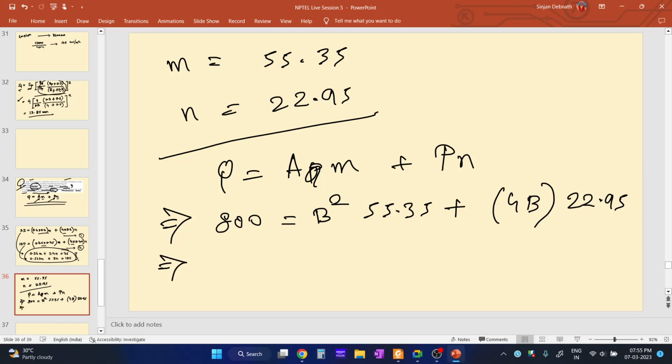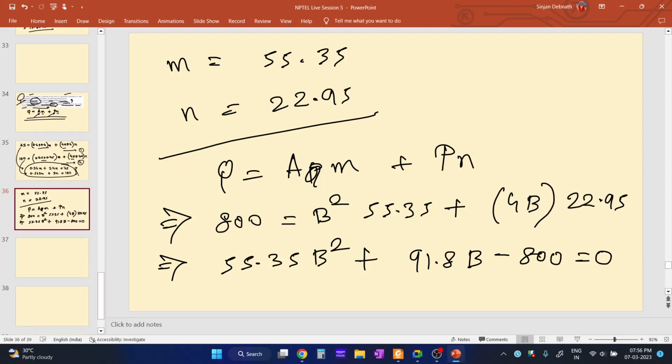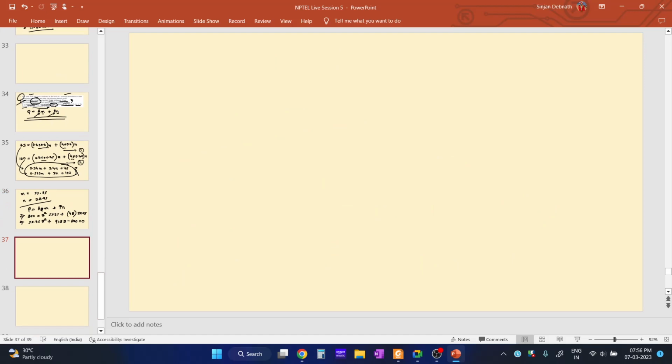So this will be 55.35 B square plus 91.8 B, and this 800 comes over here, minus 800 equal to 0. Now if you solve this quadratic equation, you will get the value of B to be 3.1 meter.